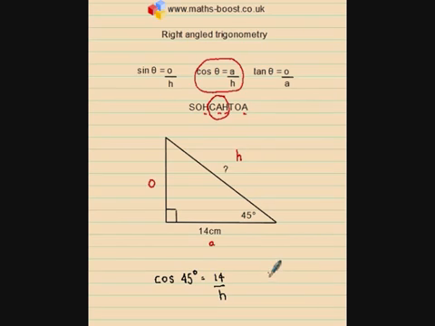And what we're going to be left with, if I flip the left, is 1 over cos 45 degrees, and I flip the right, H over 14.